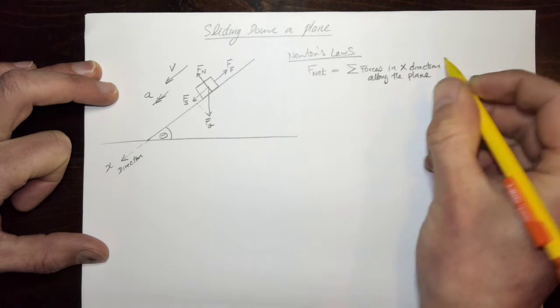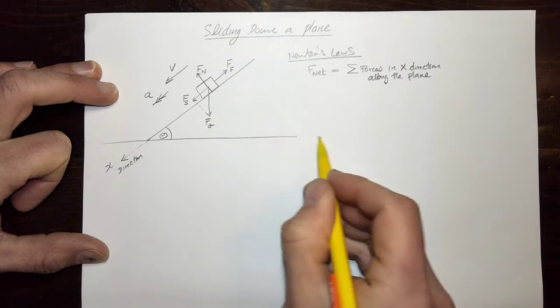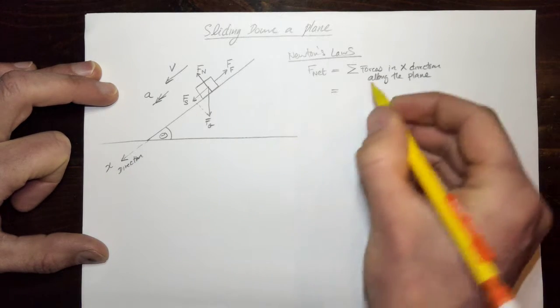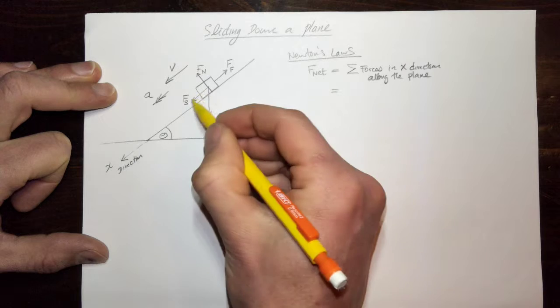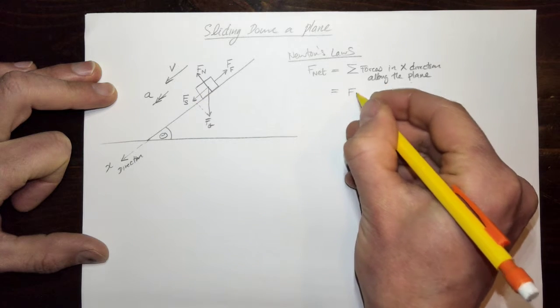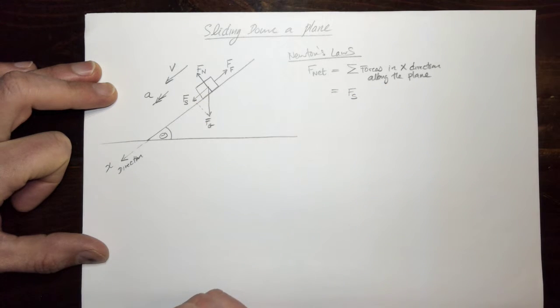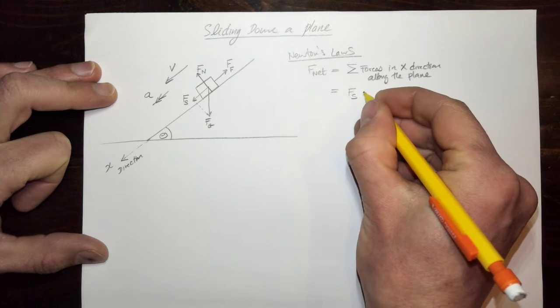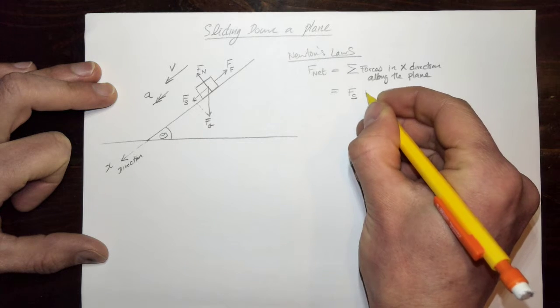I've chosen my x direction along the plane, so it's not this axis, it's this direction. So let's try and do that now. Forces in the positive x direction are Fs, the component of the weight down the slope, and that appears to be the only force acting in that direction. And there's another force acting in the other direction, the force of friction. So let's add that one.